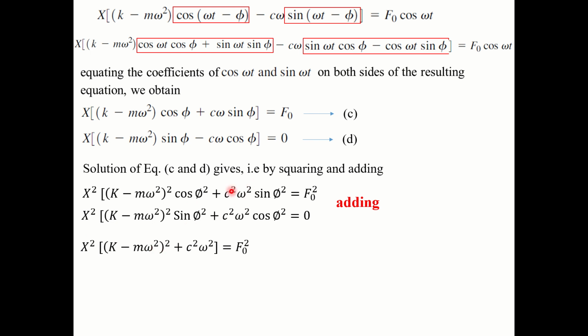Next, c square omega square sin square theta and c square omega square cos square. These two terms are the same, so c square omega square into (sin square plus cos square). C square and omega square are common, so I am taking them out, and sin square theta plus cos square theta equals 1.